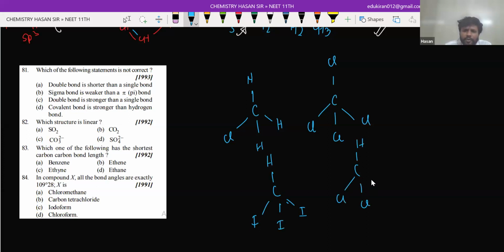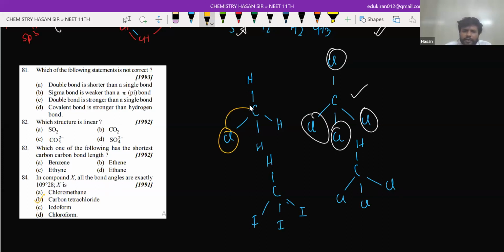See, all the bonds will be equal only in one case, when all the surrounding atoms are the same. So this is the answer, carbon tetrachloride. And why is it so? There will be a difference in electronegativity, so there will be delta positive and delta negative. That's why there will be different forces of attraction and different bond lengths, so the angle also changes. That's why carbon tetrachloride is the correct answer. Is that clear? Yes, sir.